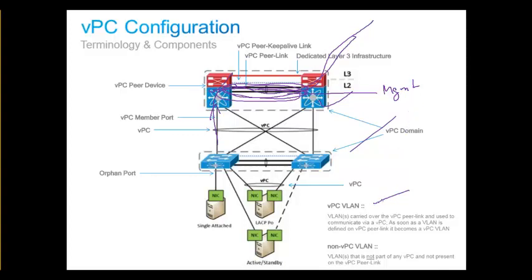Other than this, VLANs that are not part of any vPC, meaning they are not used as a management VLAN for vPC and are not present on any member, meaning the member ports don't belong to that VLAN. Let's say VLAN 200 is not even on an orphan port. VLAN 200 traffic never enters any vPC link, any vPC member port.